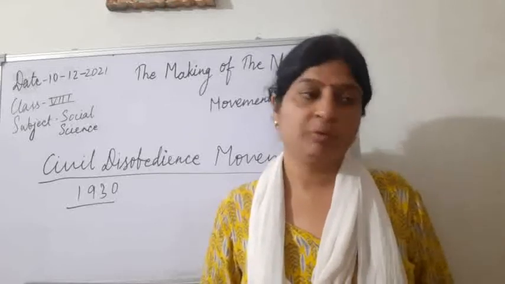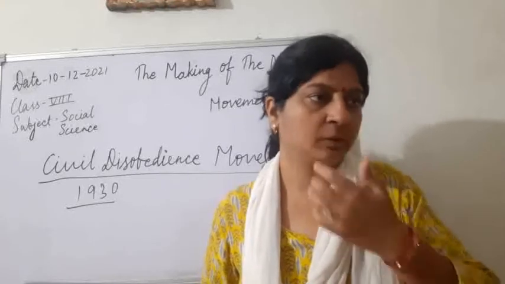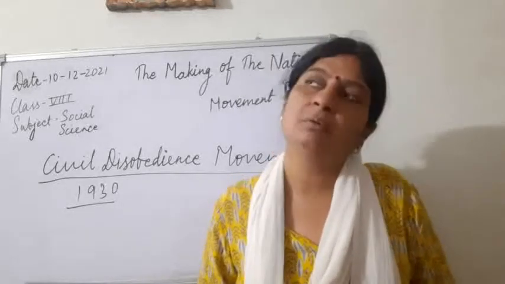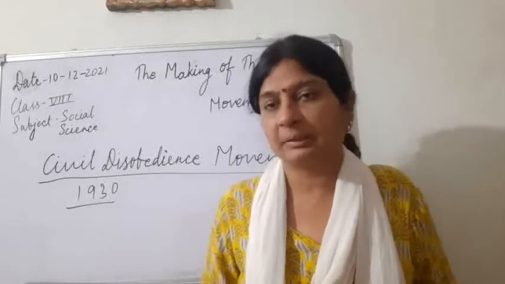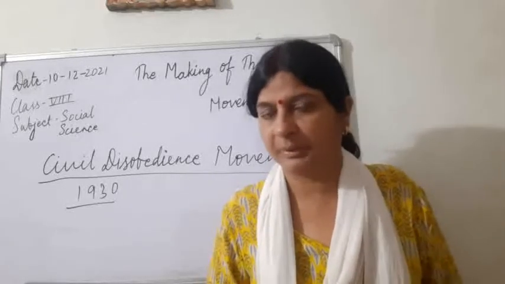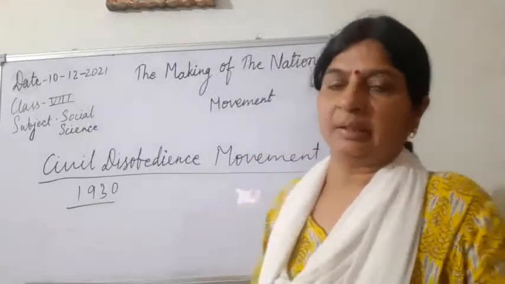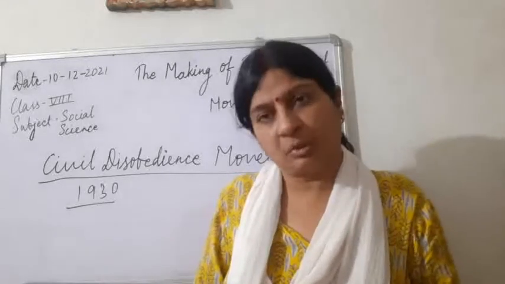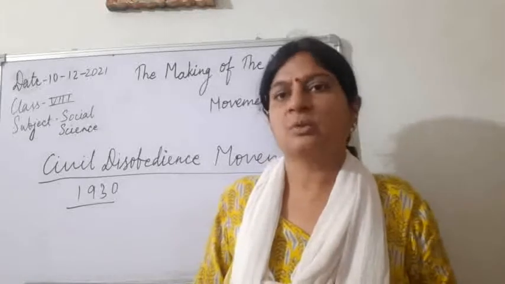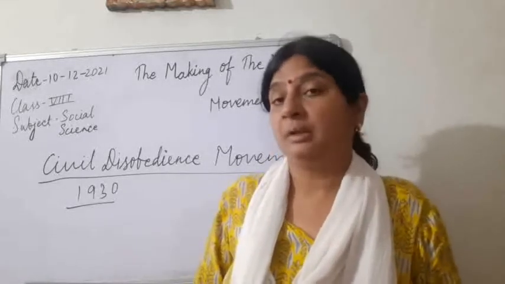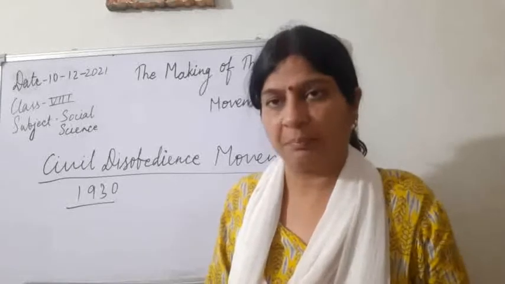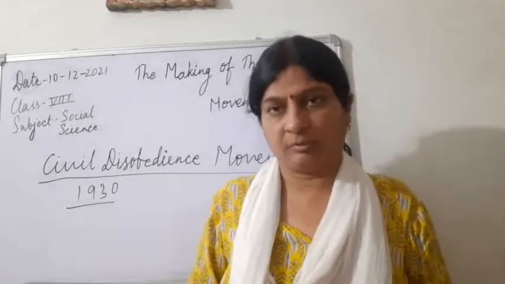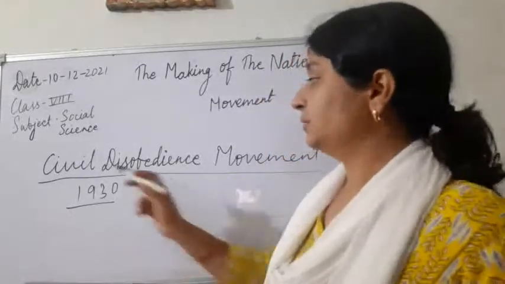In that, the movement was not to cooperate with the government, and so that the people are not cooperating with the government, people started boycotting the agencies of the government, the offices of the government, the projects of the British, everything which was British was boycotted by the people. That was the non-cooperation movement. Simply, we are not cooperating with the government. And now it was a civil disobedience movement.